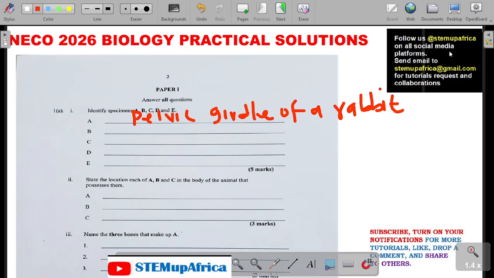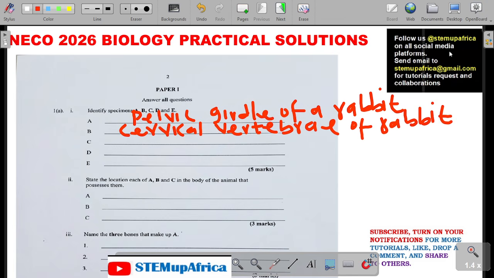Specimen B is a cervical vertebra of a rabbit. Take note, there's a difference between the two.